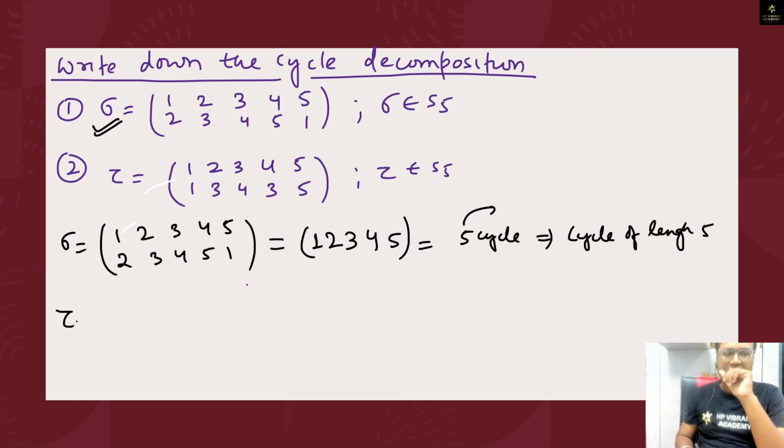Okay, now we have tau as 1 2 3 4 5 mapping to 1 3 4 2 and 5.